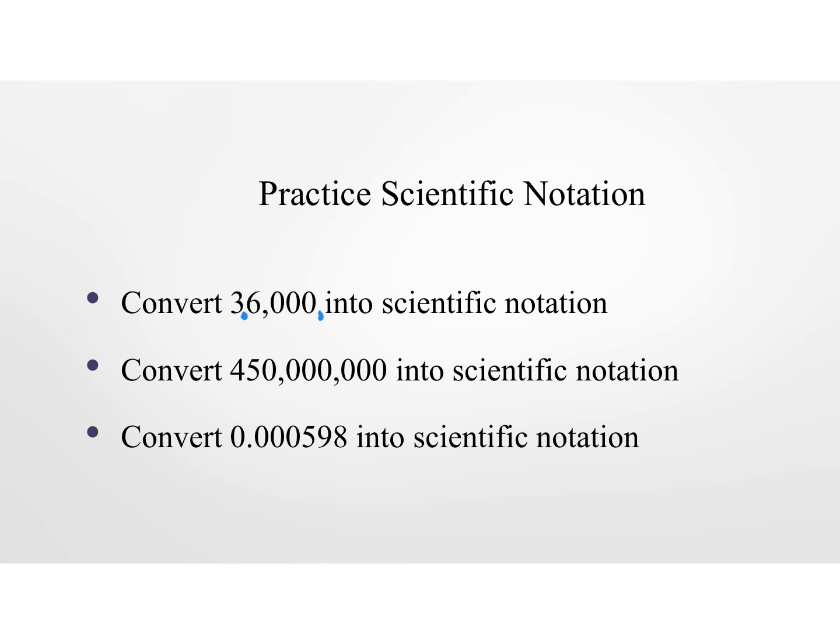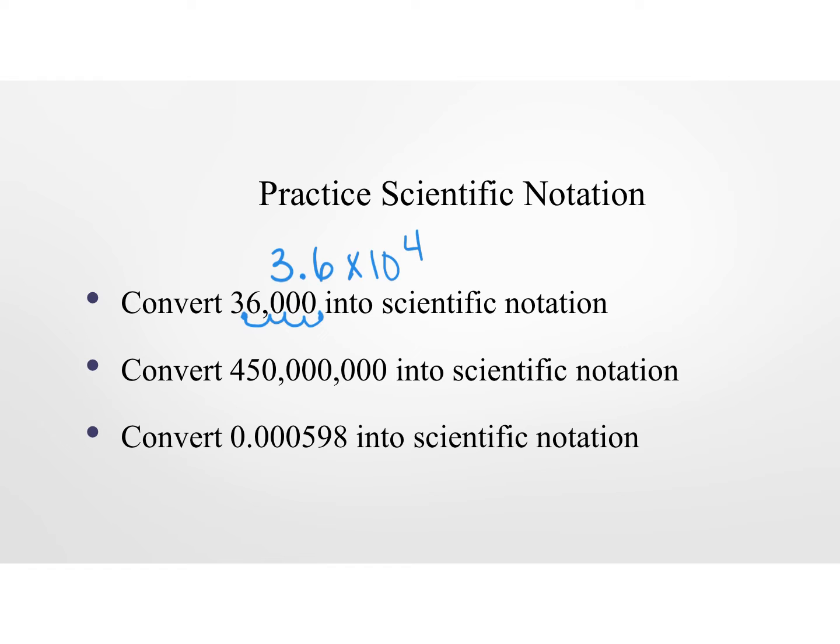So the decimal needs to move so it's in between the 3 and the 6. Now all we have to do is count how many places the decimal moves. It moves 1, 2, 3, 4. So in scientific notation, it becomes 3.6 times 10 to the 4th power.